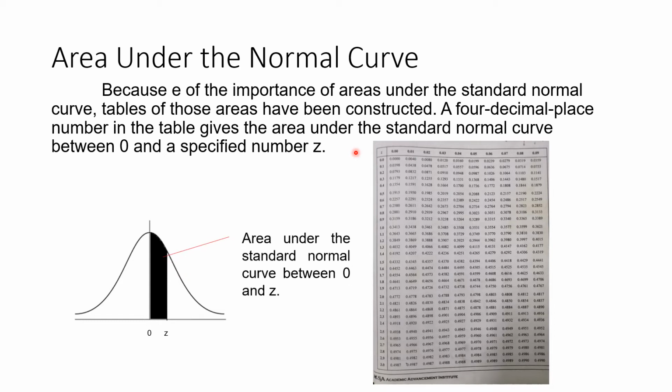So in this example, this is our curve. At the middle, 0 is the value of our z-score, or this is the mean of our data. At a particular value of z-score, it becomes our boundary, and this shaded area is the area that we're going to look for using this table.